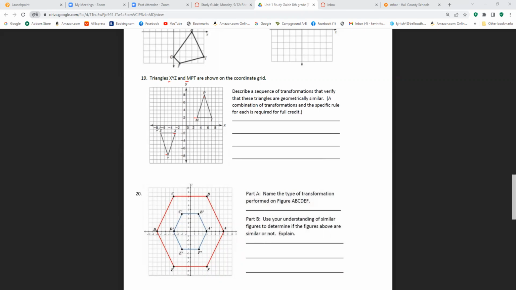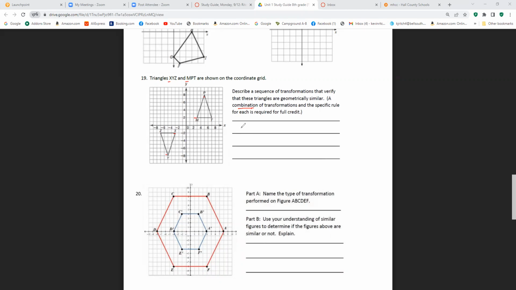180 degrees. It says a combination of transformations. So another way of saying this has been rotated 180 degrees is also saying that we can flip it over the x-axis and then flip it over the y. So if it's a combination, then it looks like 2 reflections have been done.